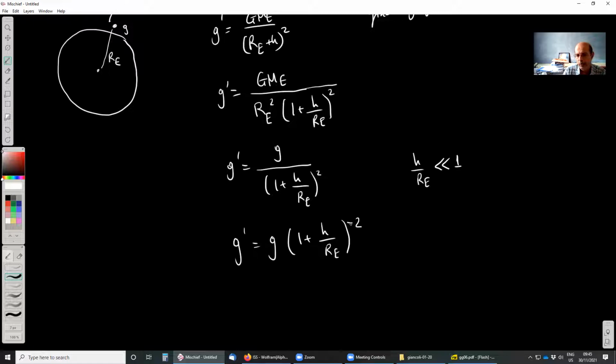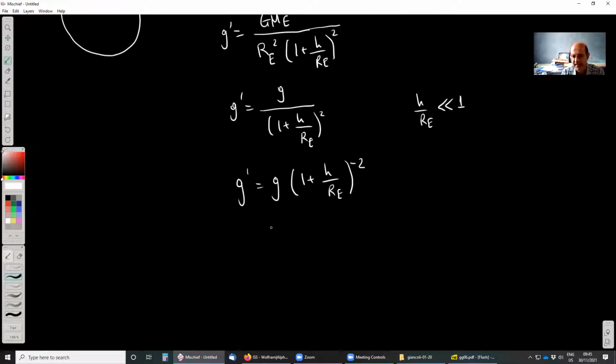Okay. Why did I move it to the numerator? Because it's easier to handle it like this, right? Because I would like to find g prime minus g, and I can handle it in that way better. In any case, I have talked about this thing before.